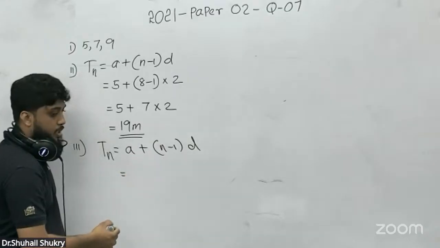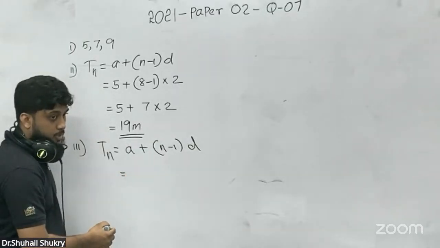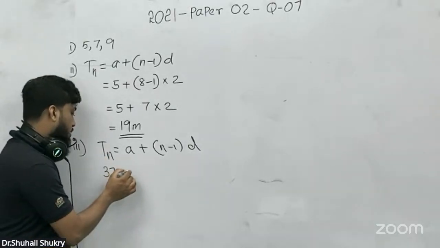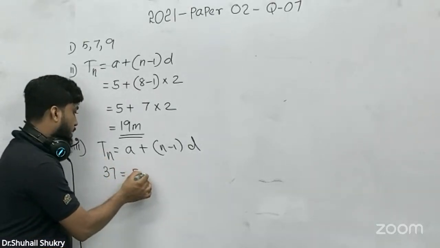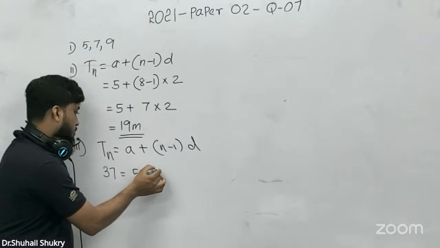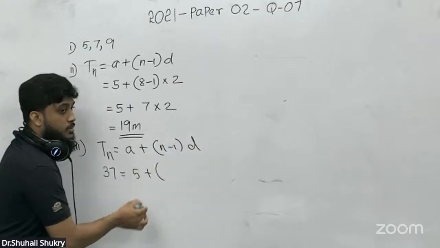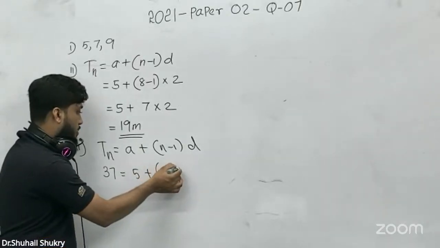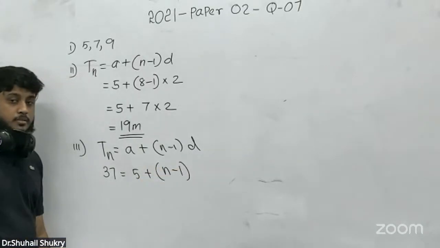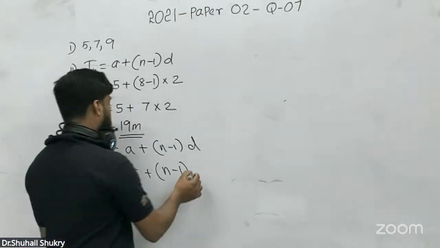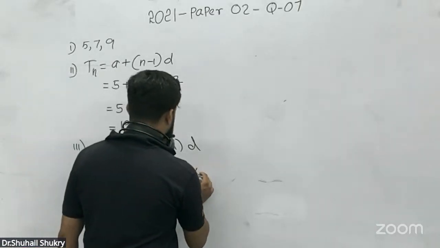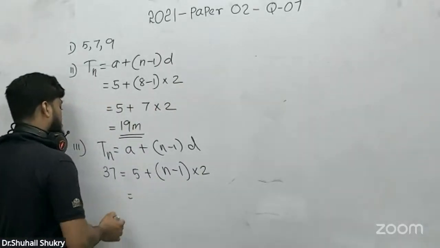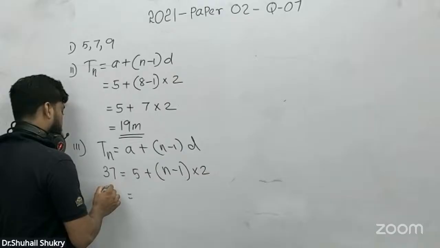Tn is 37. a is 5, n we don't know, minus 1. d is 2.